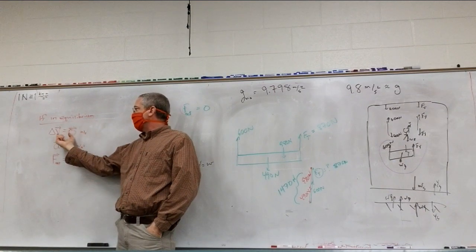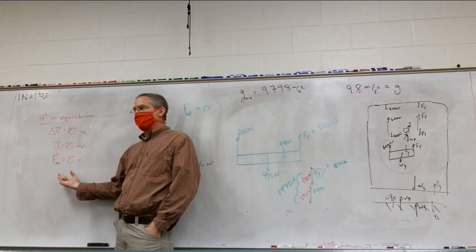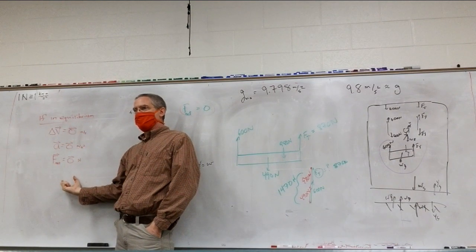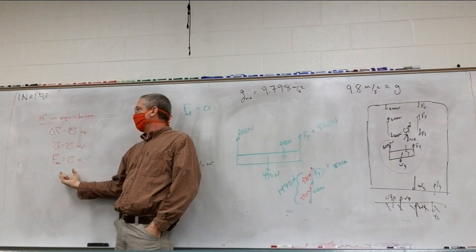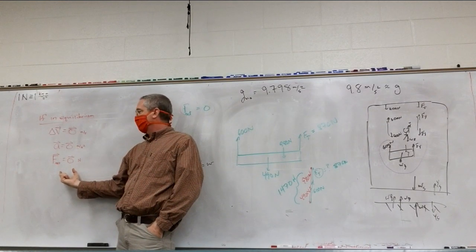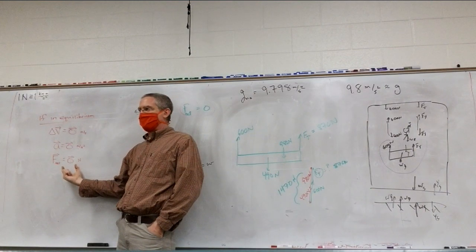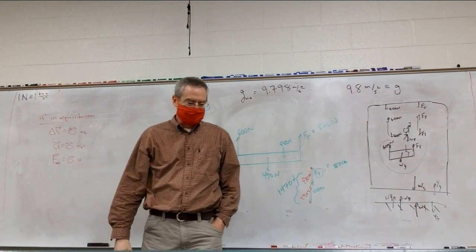The only way that you can have a change in velocity is if the net force is not zero. Things will keep doing whatever they're doing until some net force acts on them, non-zero net force acts on them.